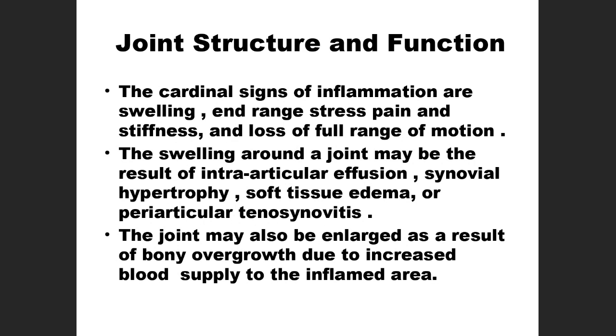Then it will cause musculitis, tendinitis, tenosynovitis. The joint may also be enlarged as a result of bony overgrowth due to increased blood supply to the area. So whenever an area is affected, there will be more blood supply. Automatically, that area will grow in an abnormal fashion, especially in children.